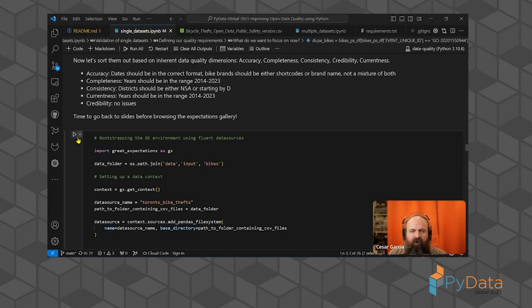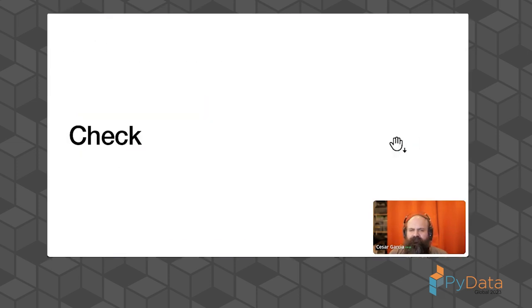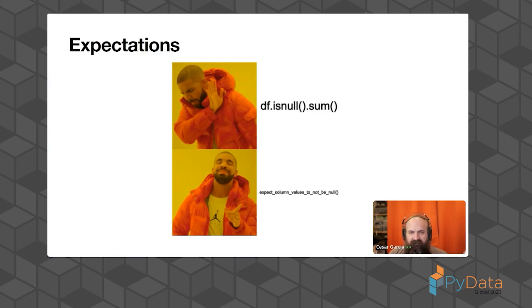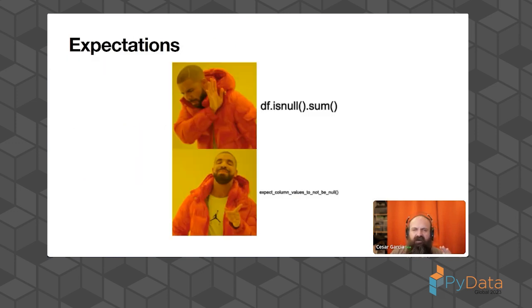So let's go back to the slides for a moment so I can share what the expectations are. Great Expectations is a library that enables you, instead of using df is null sum, which gets the total sum of the null values, to just expect the column values not to be null.